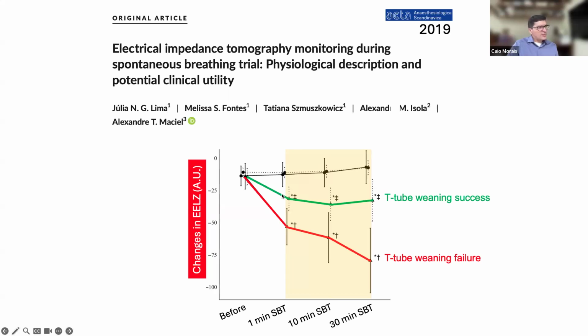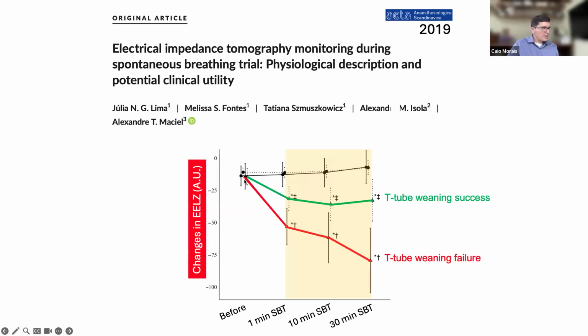And interestingly, they were able to see a difference in the end expiratory lung volume only in patients with the T-tube weaning process. And the most interesting information that we have from this paper is the trend of end expiratory lung volume in time.